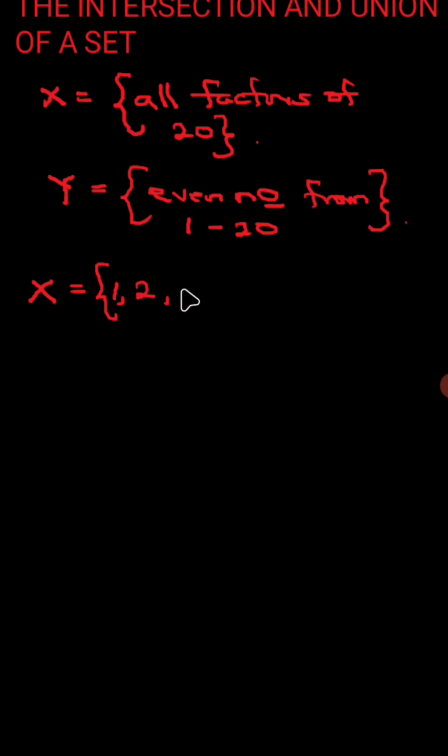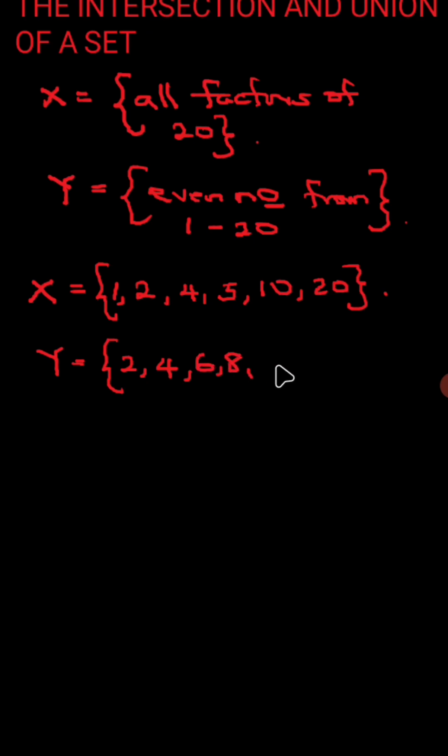Then 2, we have 4, then we have 5, then 10, then 20. That's all. So these are the elements of set X. Then set Y is even numbers from 1 to 20. So we have 2, 4, 6, 8, 10, 12, 14, 16, then 18, and 20.